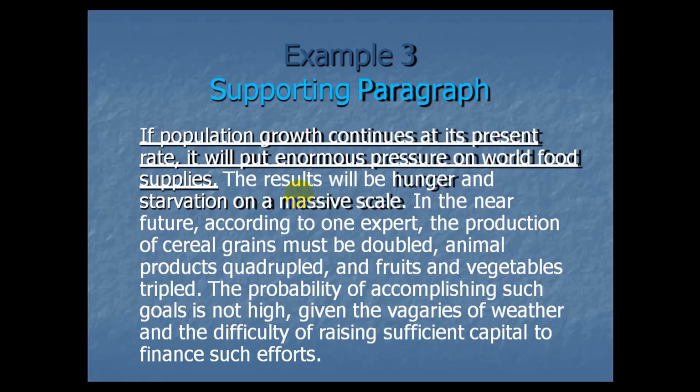So in the future, according to one expert, the production of cereal grain must be doubled, animal production quadrupled, and fruits and vegetables tripled. The probability of accomplishing such a goal is not high, given the vagaries of weather and the difficulty of raising sufficient capital to finance such an effort.